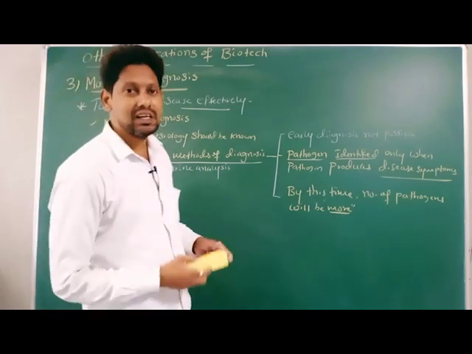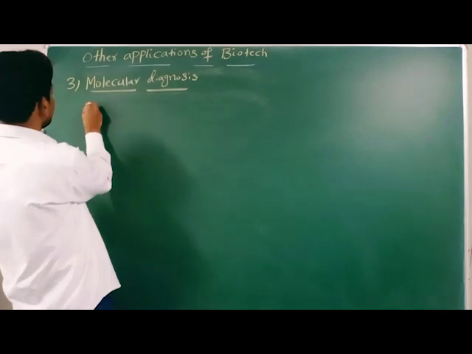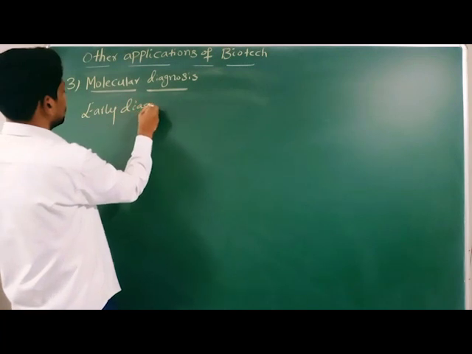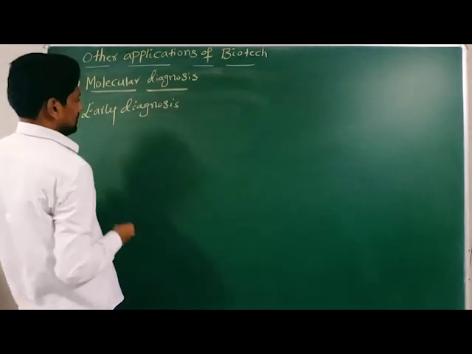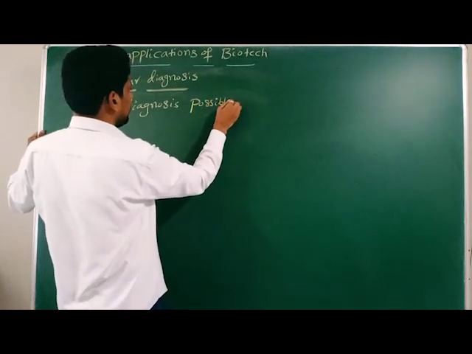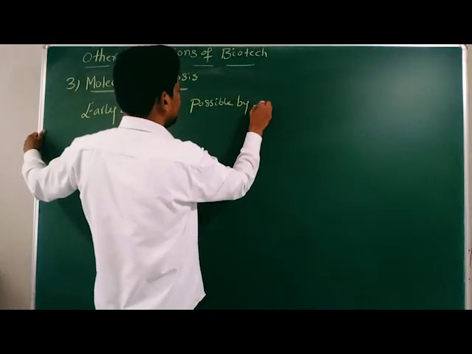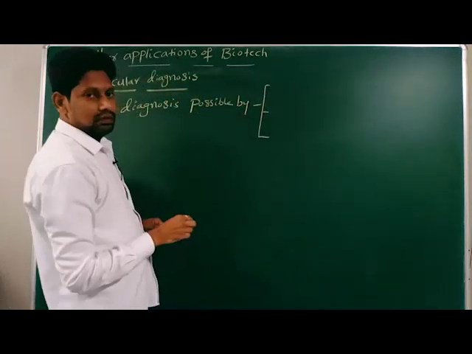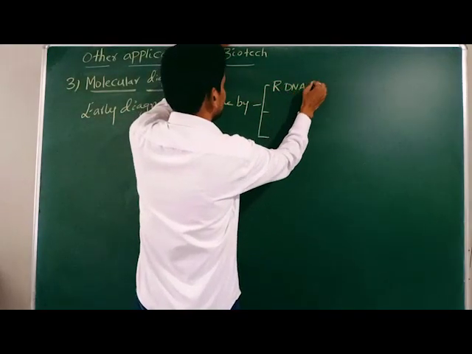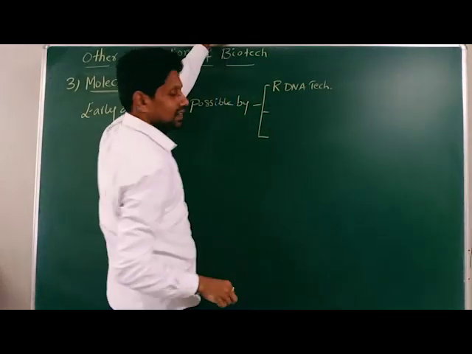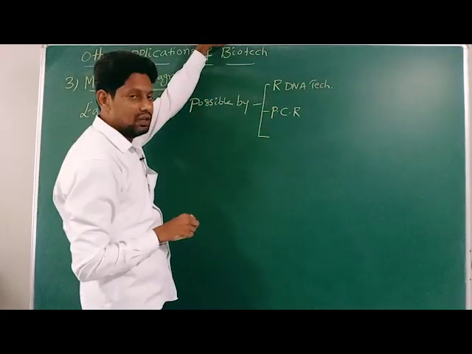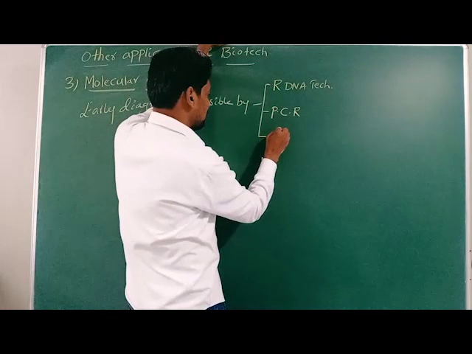Early diagnosis is possible by what, sir? Recombinant DNA technology, that is rDNA technology, genetic engineering. Number 2, PCR, that is polymerase chain reaction. Number 3, ELISA.